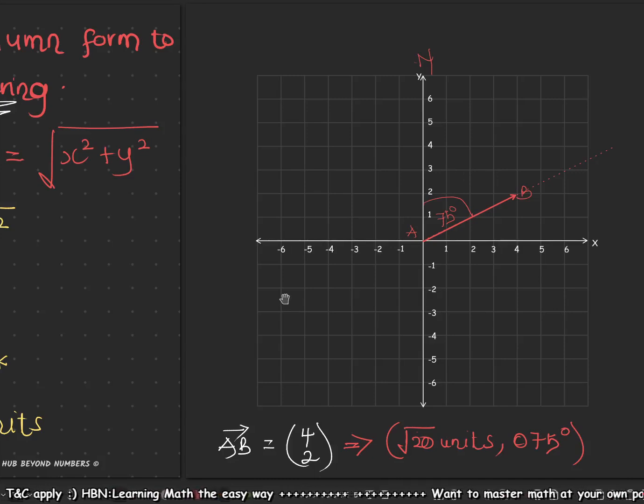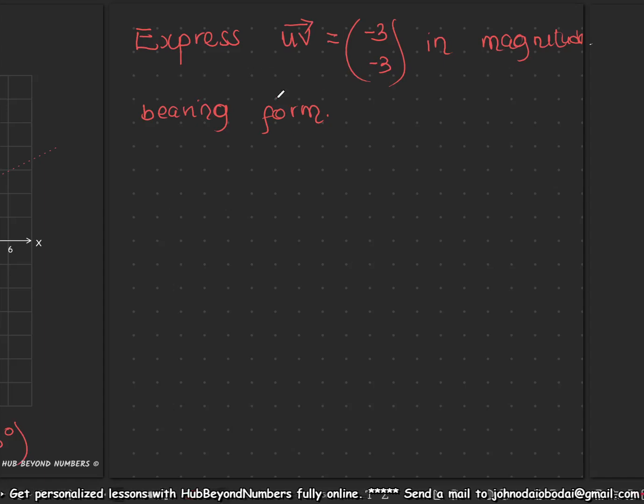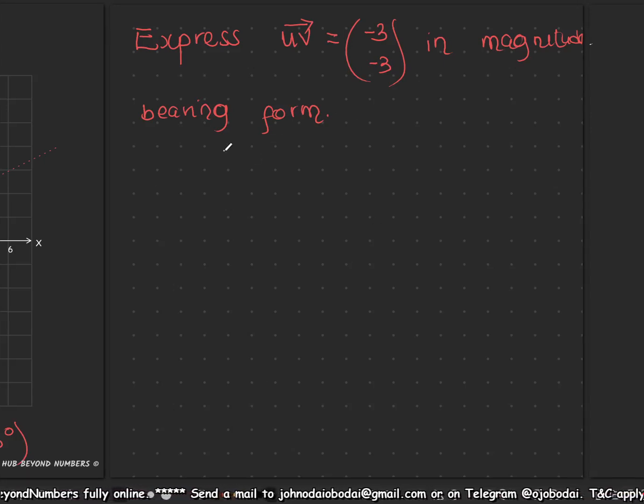So let's solve one last example. So this here is another question which says we should express UV, which is -3, -3, in magnitude bearing form. So as we did for the previous one, you first need to find the magnitude of the vector. And how do you find the magnitude of a vector?